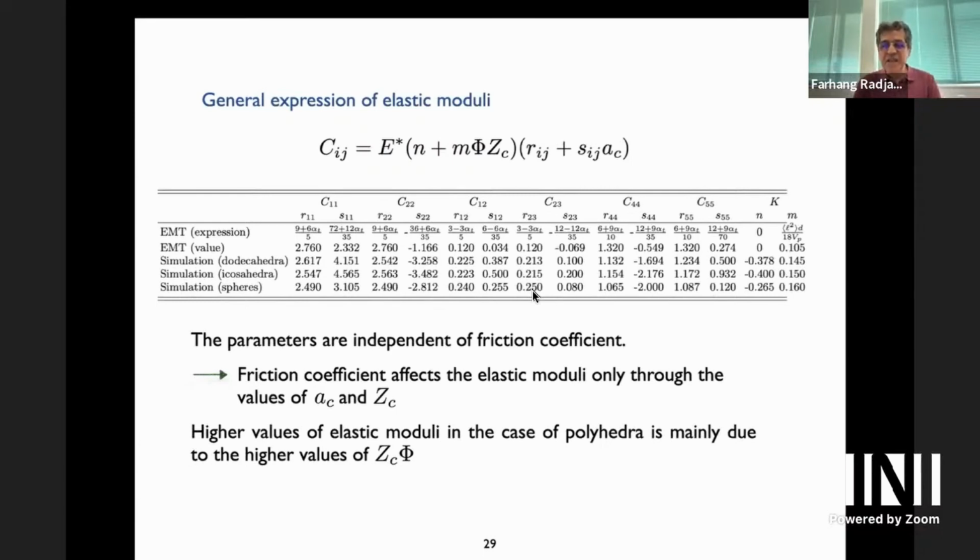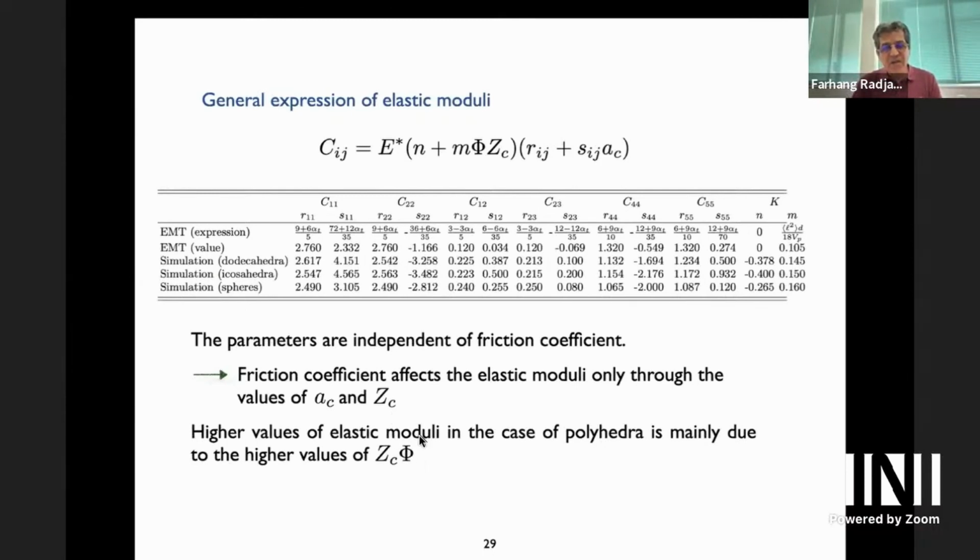So if I know the shape, and if I can evaluate N, M, RIJ, SIJ, all these parameters, I don't use EMT anymore. I use these coefficients, which are given by simulations. Then I can predict basically the evolution of the elastic moduli as a function of ZC and AC. And so basically, friction coefficient affects the elastic moduli only through AC and ZC. So AC and ZC, of course, depend on the friction coefficient.